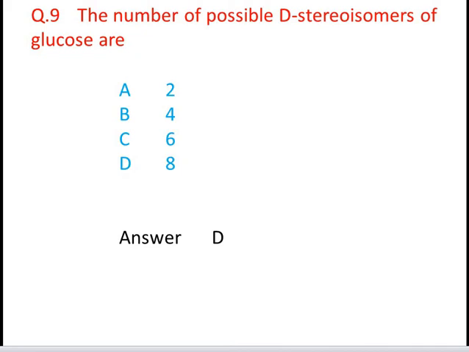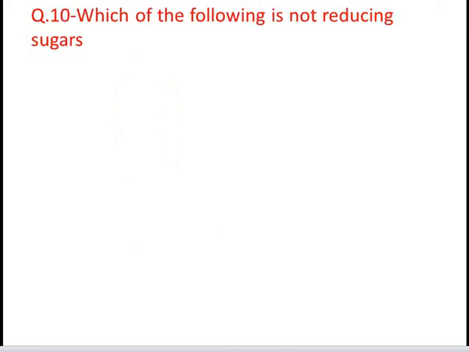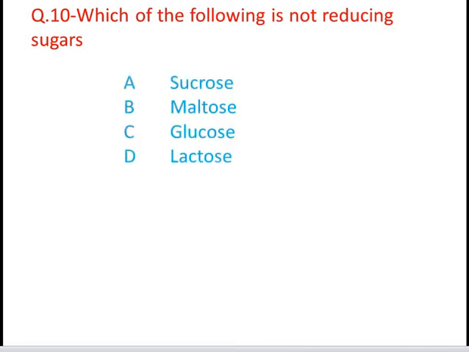stereoisomers. The next question is, which of the following is not a reducing sugar? The options are A sucrose, B maltose, C glucose, and D lactose. Yes, the correct answer is A, sucrose.